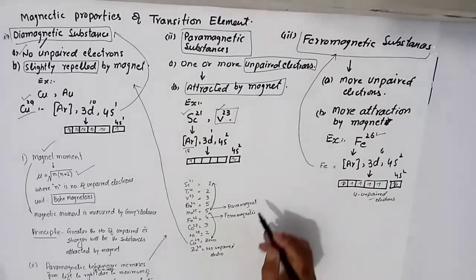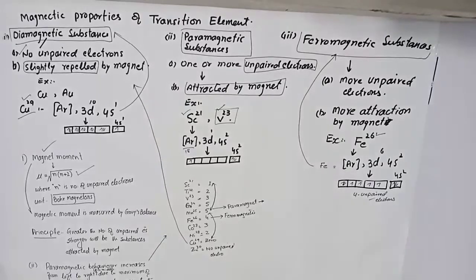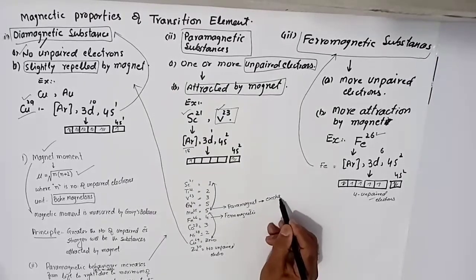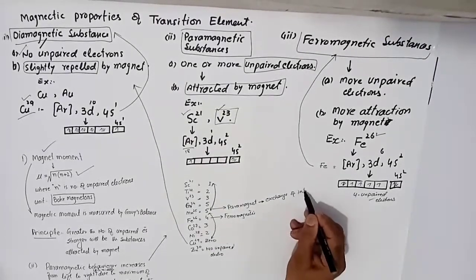The cause is clear: not only unpaired electrons are responsible for the magnetic properties of transition elements. There are other factors also involved, like exchange interaction.